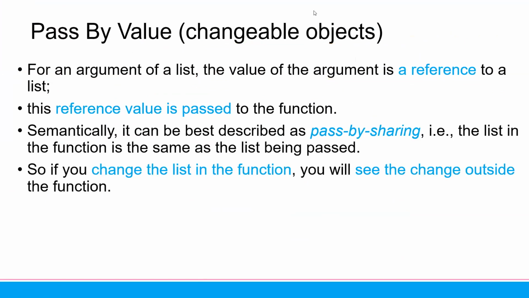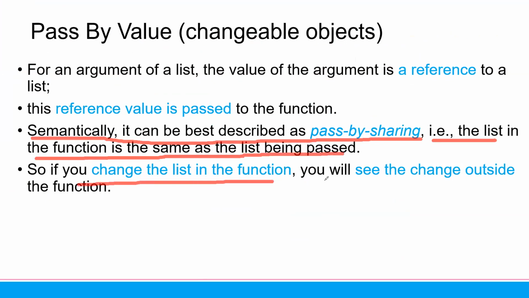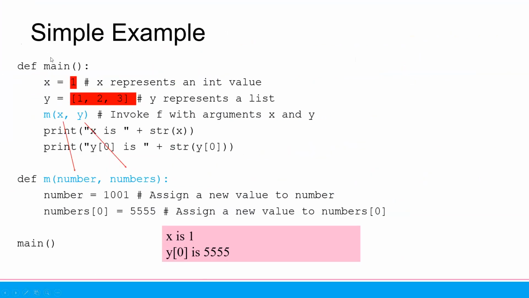Semantically, it can be best described as pass by sharing. That is, the list in the function is the same as the list being passed. So if you change the list in the function, you will see the change outside the function. Let's see with an example.